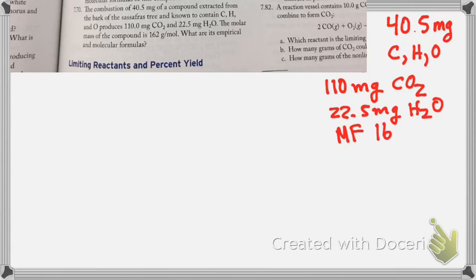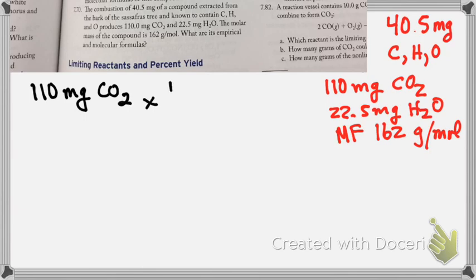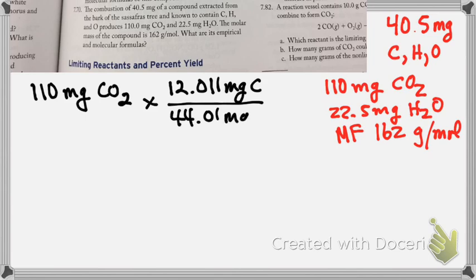is 162 grams per mole. So as we discussed yesterday and on the previous video, 110 milligrams of CO2, I know that I have 12.011 milligrams of carbon for every 44.01 milligrams of CO2.